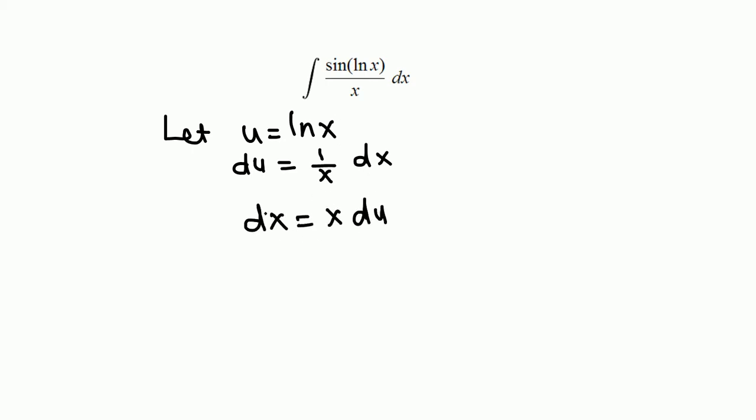With these substitutions, this integral becomes sine u over x, and dx is x du.